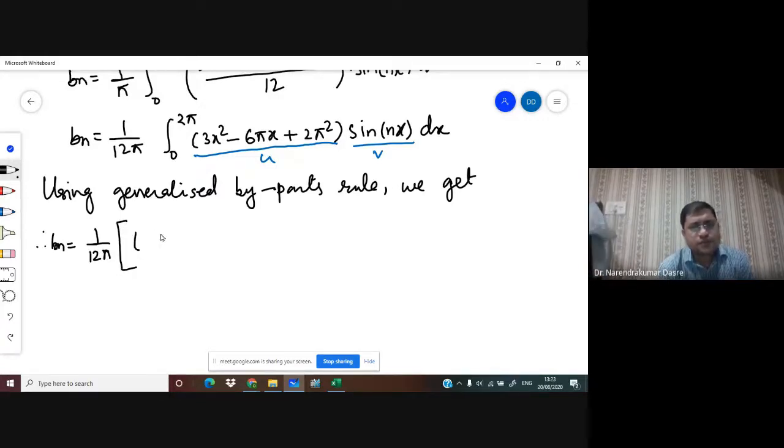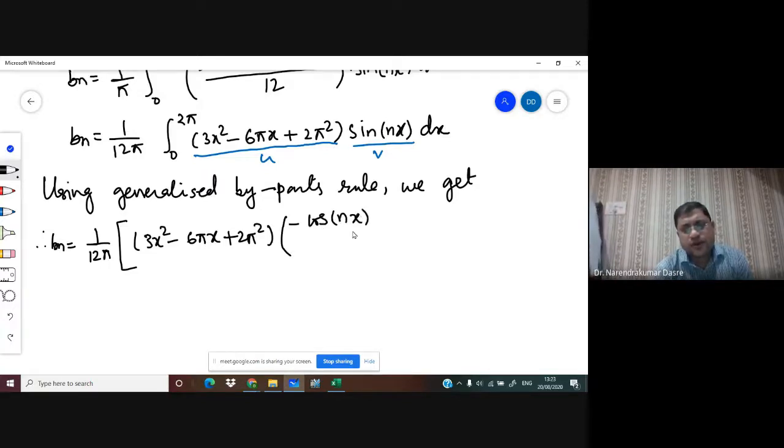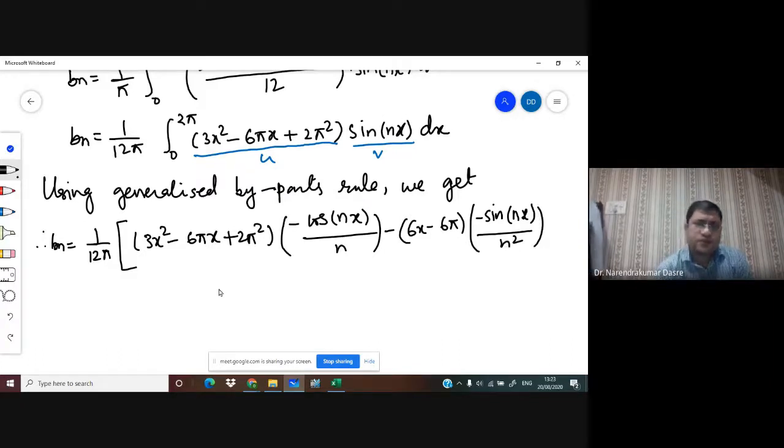So here x square minus 6πx plus 2π square remains as it is, and the integration is minus cos of nx upon n, minus the derivative of this term, so 2x minus 6π, and the integration of this term, minus sine of nx upon n square.